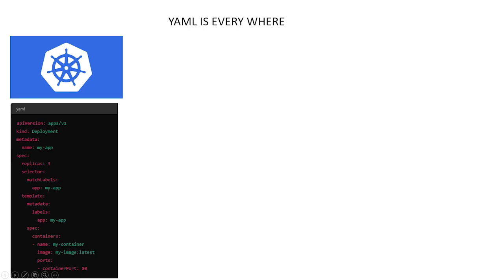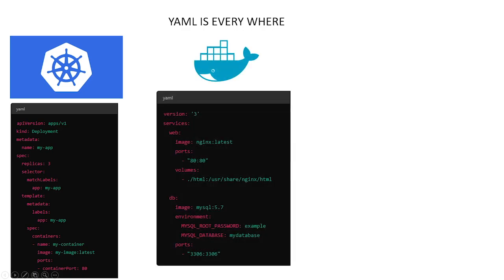Now let's take some examples where YAML is used. YAML is used everywhere. Below are some examples. In Kubernetes, we are using YAML for the configuration level. Okay, for writing our configuration files and other files as well. We are using YAML in Docker as well.